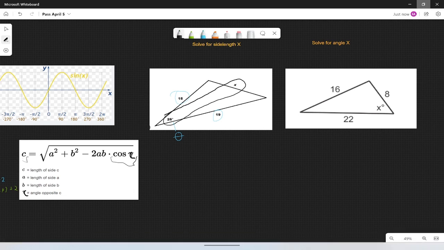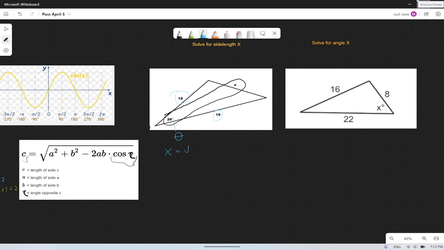So X, which is our C in this case, is the square root of A squared plus B squared minus 2AB times cos, and I'm calling that angle theta, the opposite angle to the unknown side.